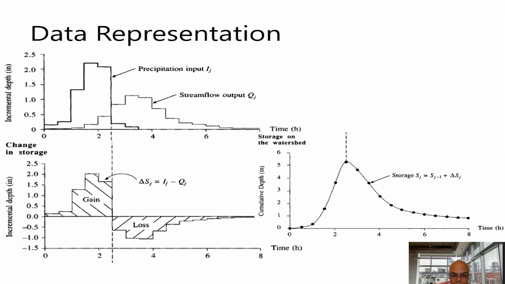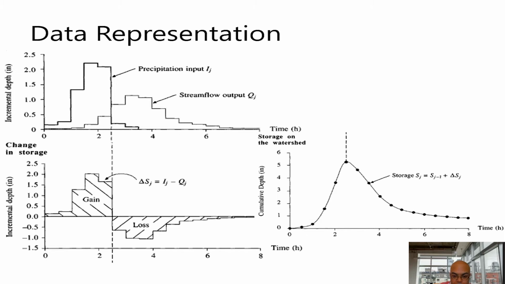Okay, you can see that this corresponds to the time up to which the rainfall is increasing. So you can see that the storage value is maximum. After that, rainfall is decreasing, and even becomes less than the stream outflow.